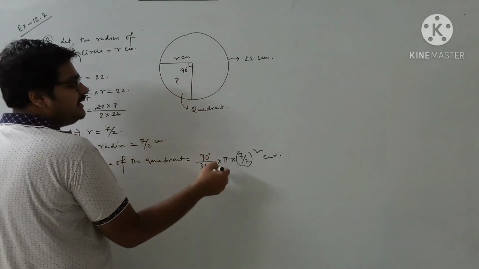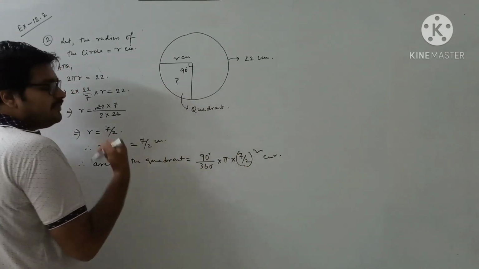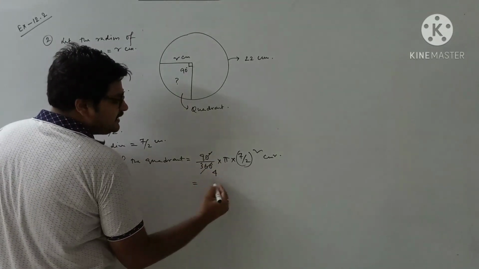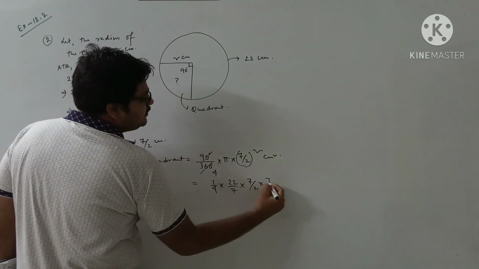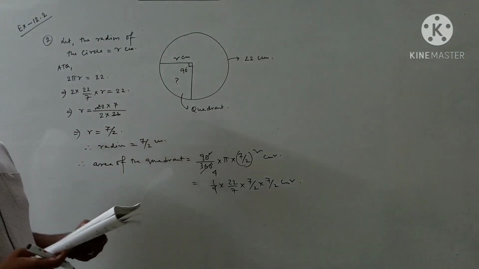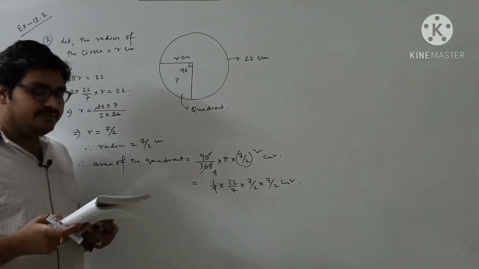So 90 degree by 360 degree into pi into r square. What is the value of r? 7 by 2. Now the calculation I think you can do. Pi means 22 by 7, into 7 by 2 into 7 by 2. Now you complete the calculation yourself and find out the final answer. Okay.